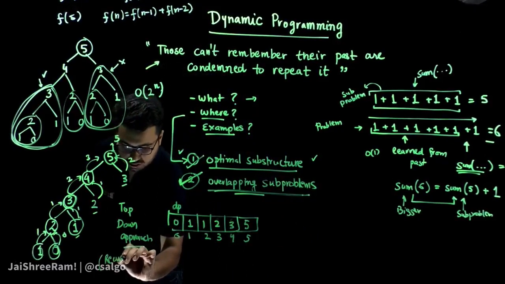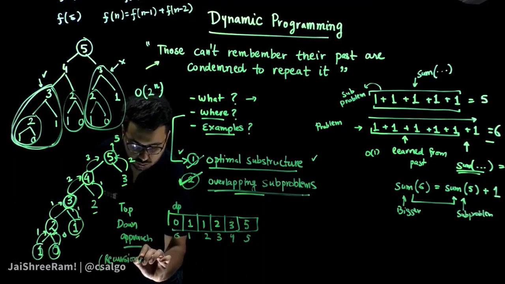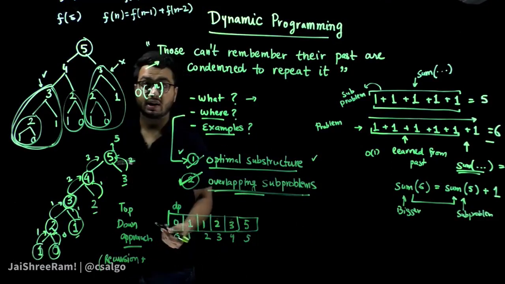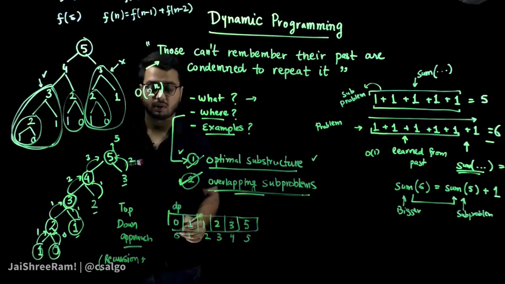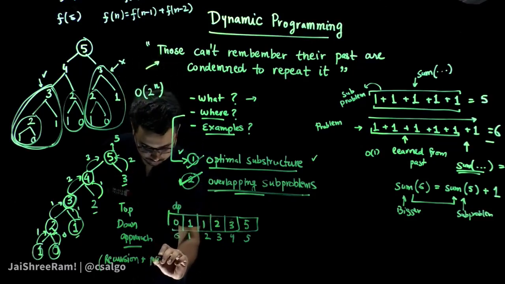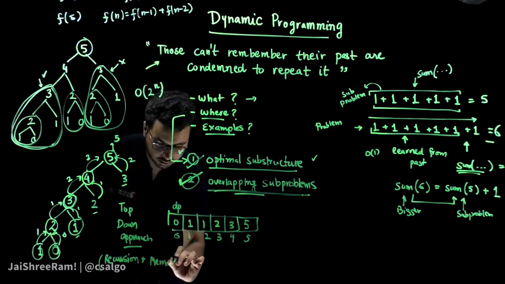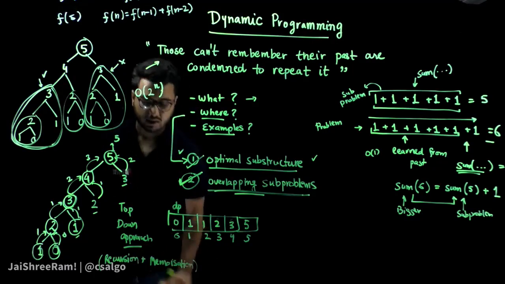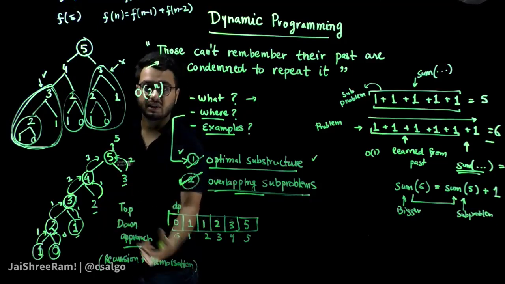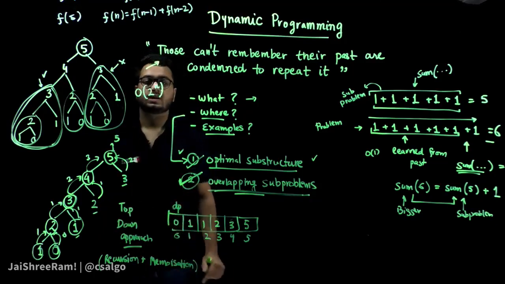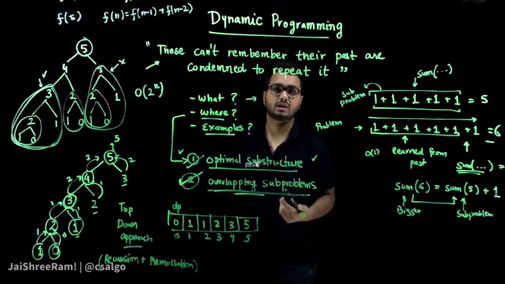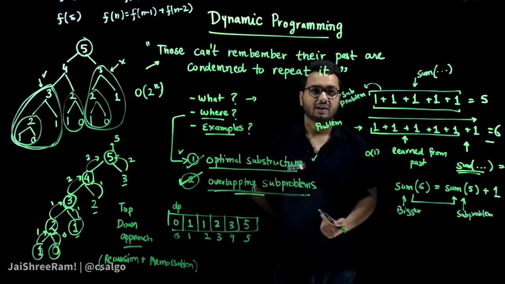You apply recursion plus you have a DP array which stores your answers of the sub-problems that you have solved. So this is called recursion plus memoization. You are just doing recursion but with memoization of the states that you have solved, so we will just remember the results of those sub-problems, right?